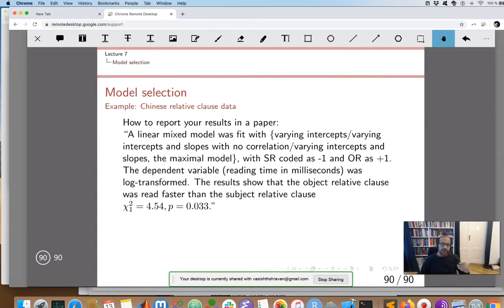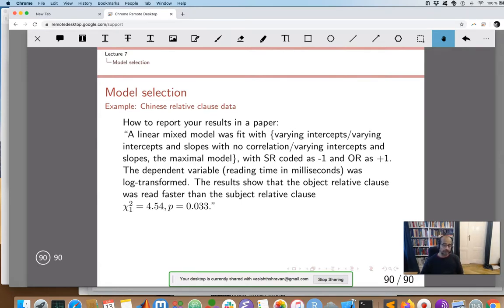The Barr et al. approach has the advantage that you get the most conservative conclusion. The parsimonious mixed model approach has the advantage that although you pay the price of having higher type 1 error, you have a better chance of detecting the effect.